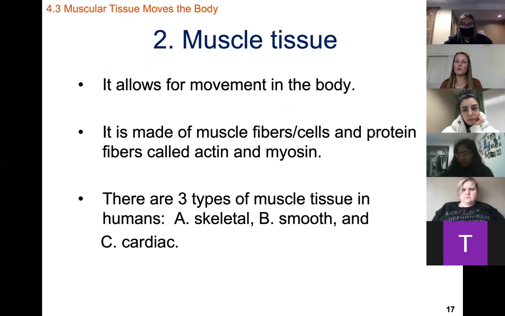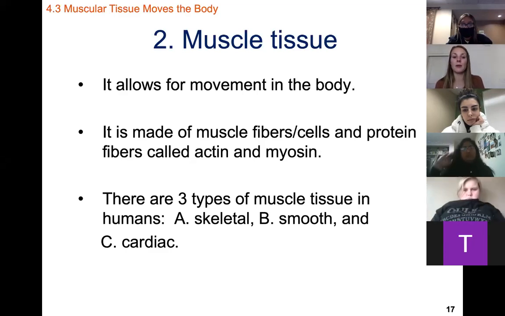It allows for movement in the body, which seems pretty self-explanatory, right? I'm using the muscles in my facial expressions and the muscles in my hands and my legs all day long. I'm talking right now, I'm using muscles. They're made up of muscle fibers and cells and protein fibers called actin and myosin.